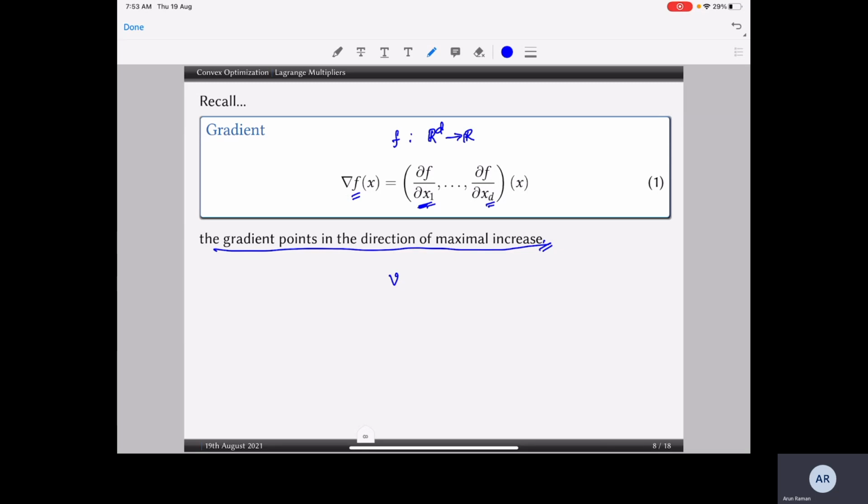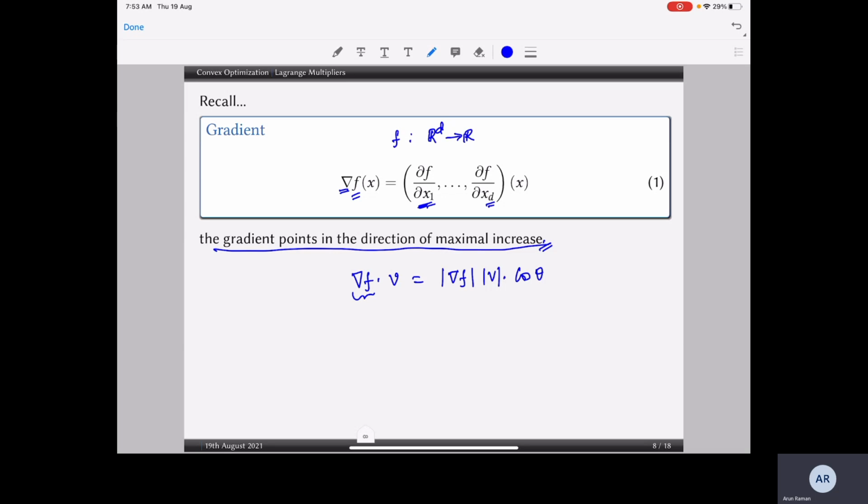If we take the dot product of the gradient with this vector, what we get involves cos theta. Why are we taking the dot product? Because the gradient of f, this symbol is called nabla, tells us what happens when we change it.